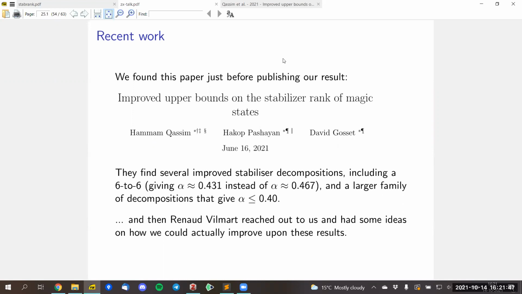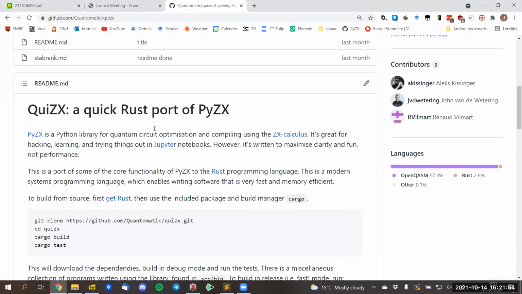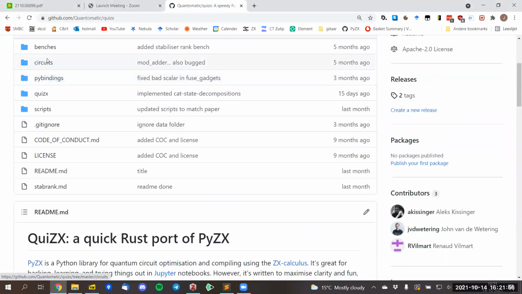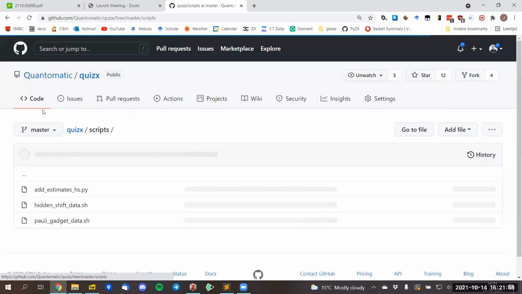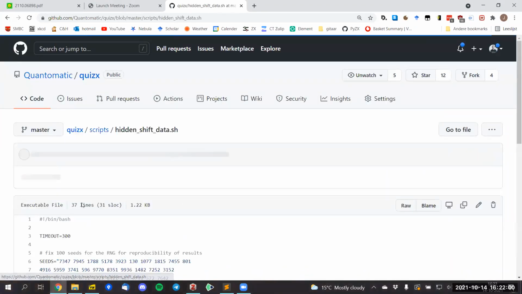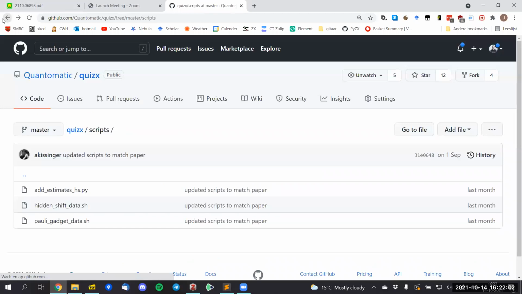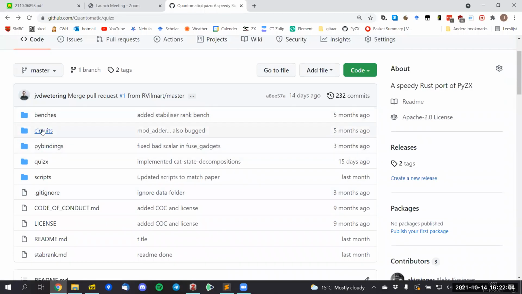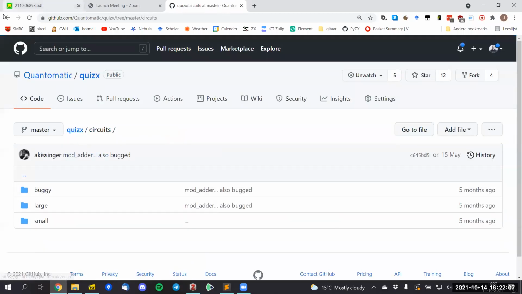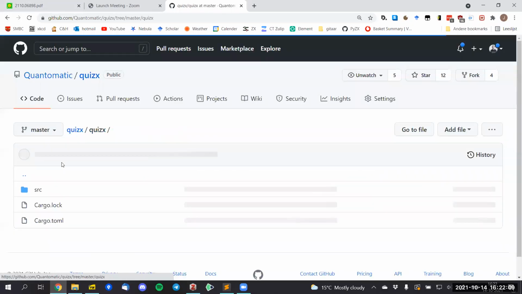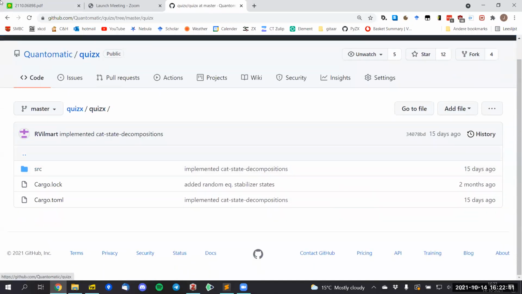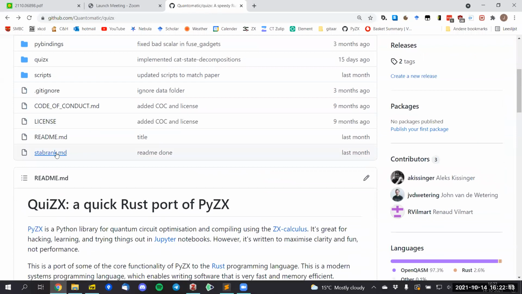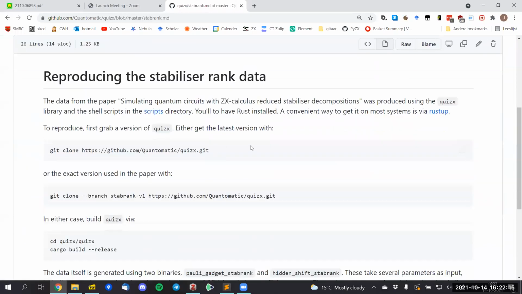Alex, can I ask for a link to the Oracle CCZ implementation you mentioned for the individual circuit? What do you mean? The instructions for running this thing are in that stabrank.md file, if that's what you mean. Oh, okay.